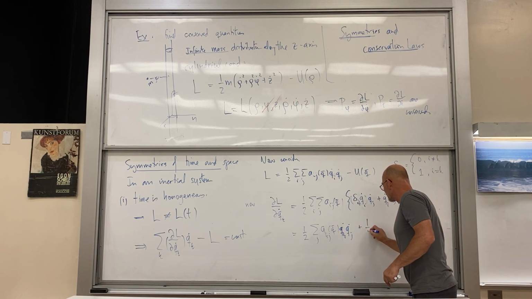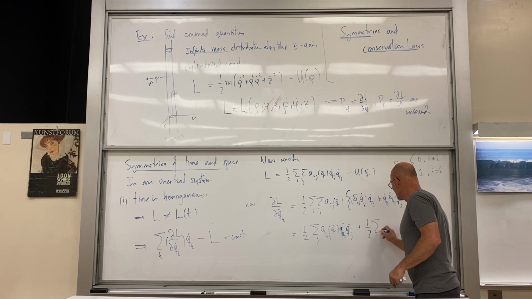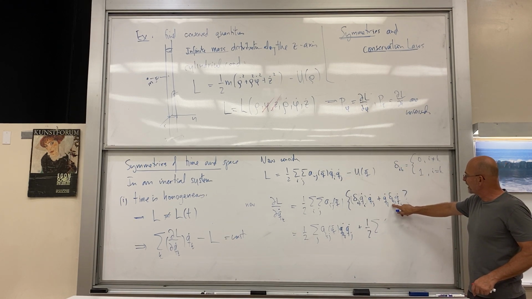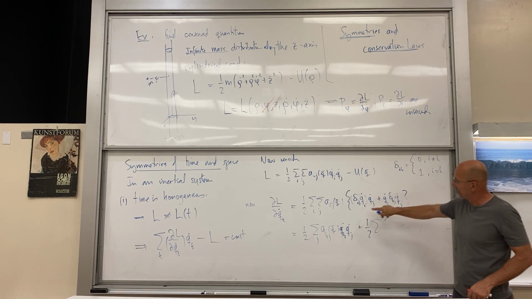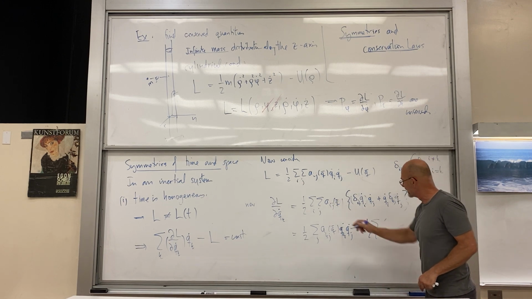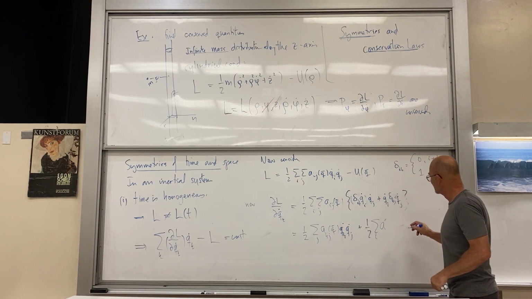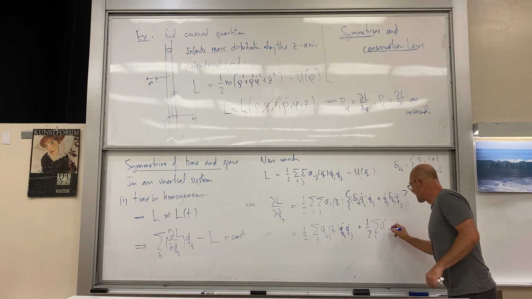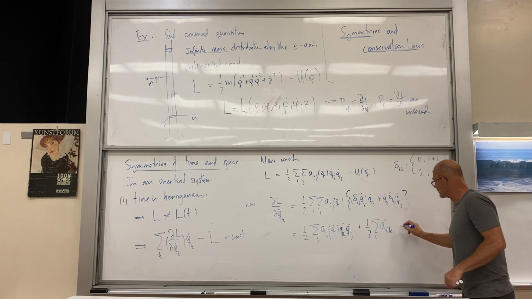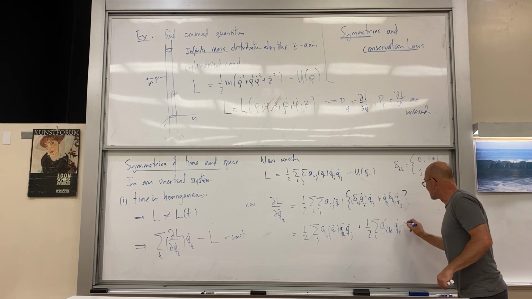And on the second one, we're going to go ahead and write the sum. Only when j is equal to k do we have a non-zero thing here. So now we're summing over the i, we've gotten rid of that, so we have a_ik, only when k was equal to j, so we have q_i dot q_k dot.